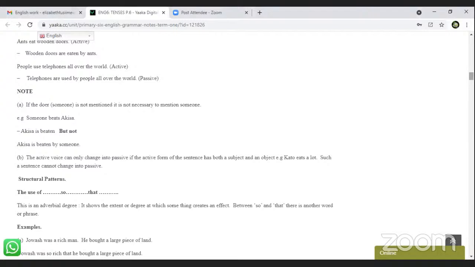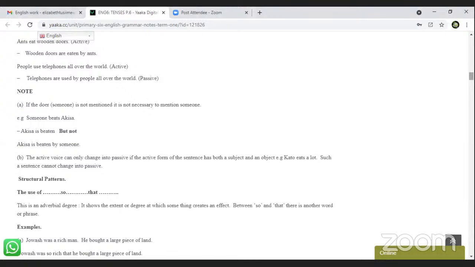Those ones are called unclear human agents in the passive voice. Those ones are not mentioned. But when the agent is clear, like Lynette beats Akisa, there you will say Akisa is beaten by Lynette. But when the human agent is not clear, there you will forego it.